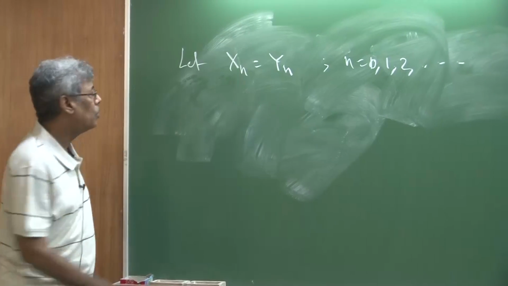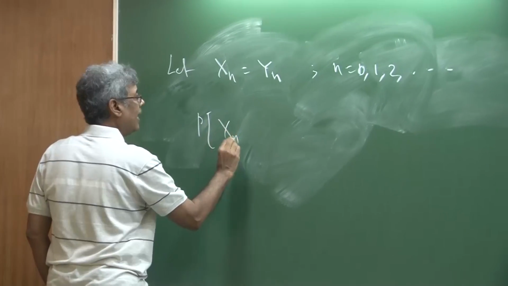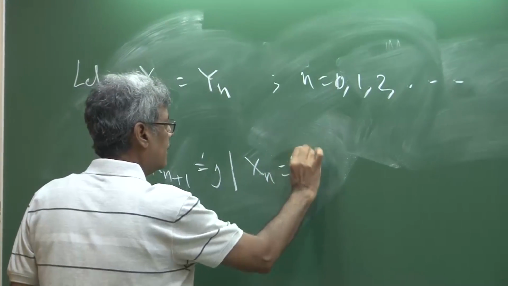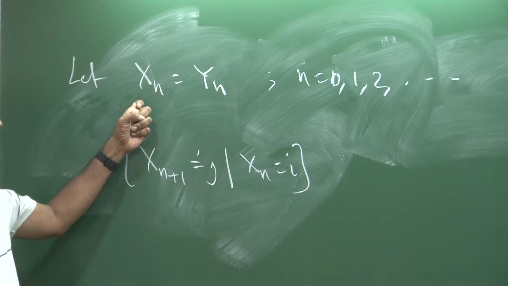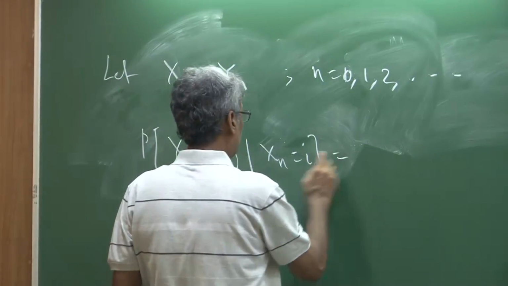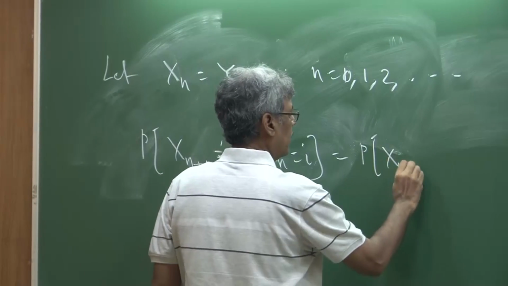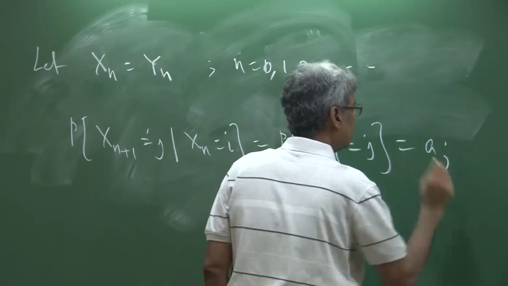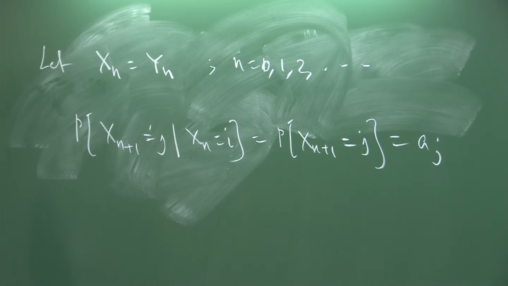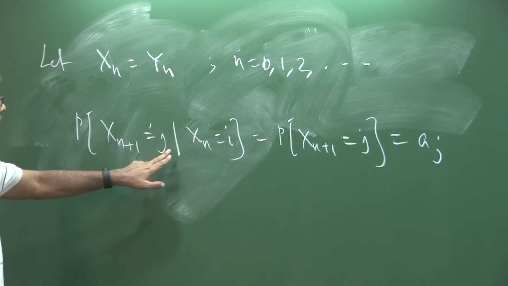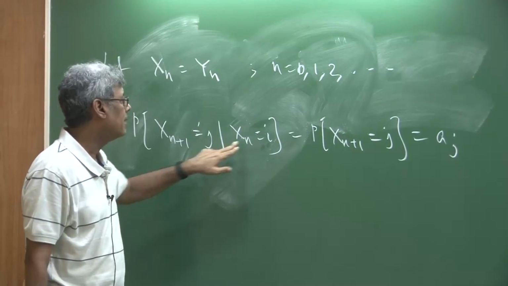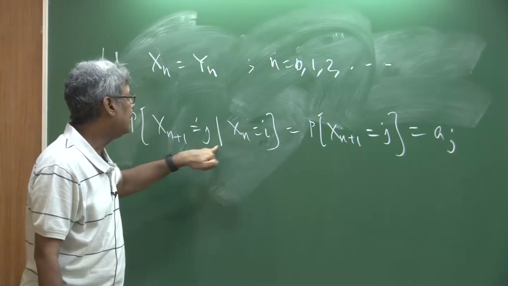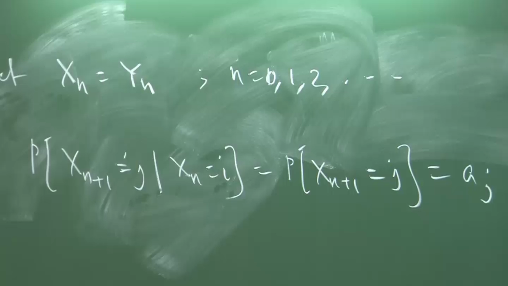Therefore, if I compute the probability that X_{n+1} = j given X_n = i, my X_{n+1} is independent of the previous one, which is the same as probability X_{n+1} = j, which is simply a_j. So, for any value of i, the ijth element becomes equal to a_j.